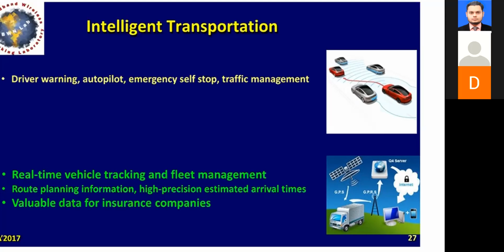The whole transportation system, including the insurance companies, which previously relied on human-centric information, is now much more informed than previously. So insurance companies can make better decisions using the intelligent transportation system with the help of IoT.